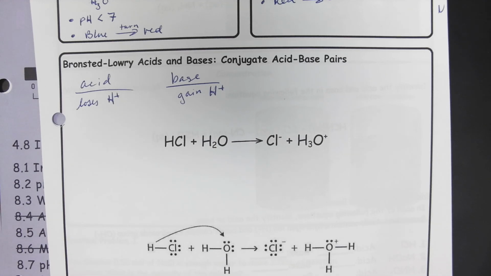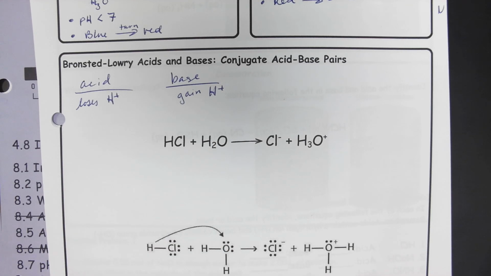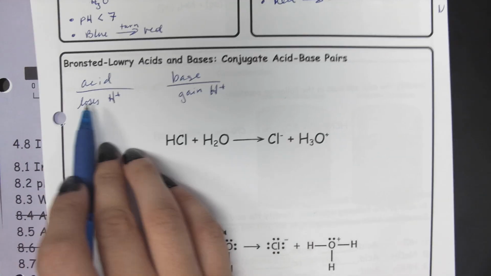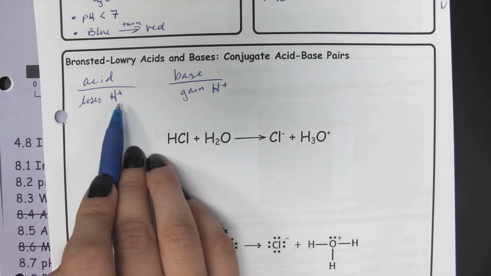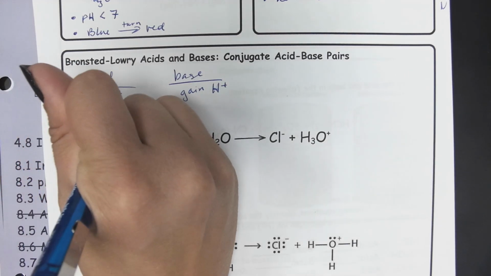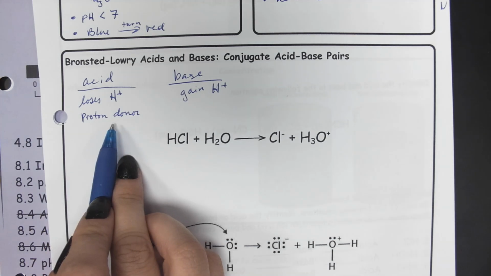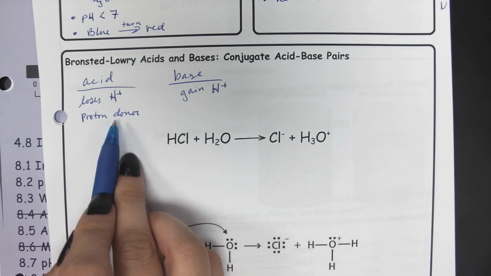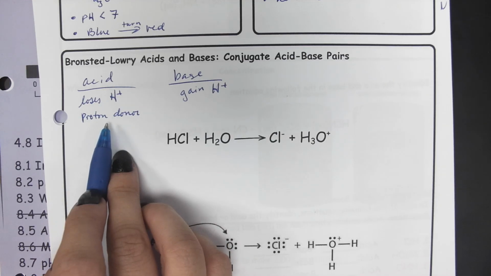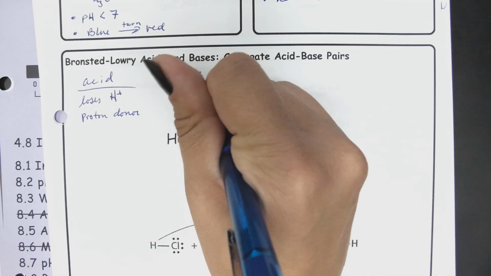There might be some neutrons as well, but we have one proton and one electron. But if we lose that negative electron, it becomes an H+. So all that's left over is really a proton. So another way of saying lose H+ is proton donor. And it's not my favorite phrasing, but I know you might see it on the AP Chem test, so I want to cover that. So they might call an acid a proton donor, and then here is a proton receiver.